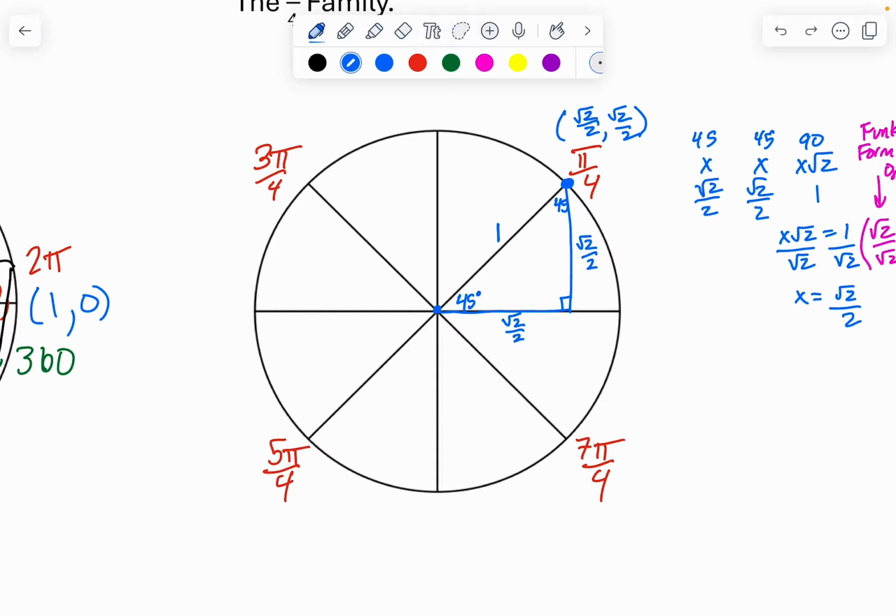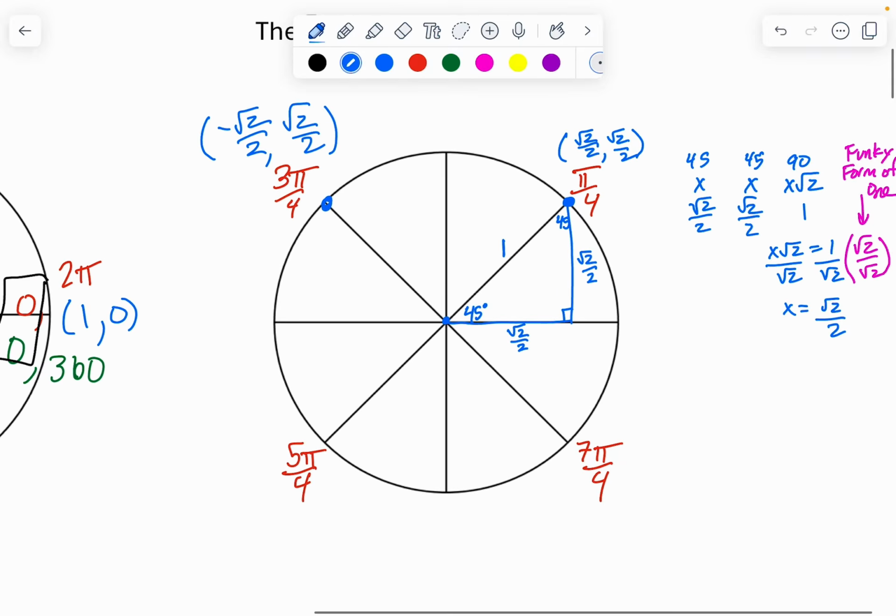This length right here is the same as this length right here. This point now has an x-coordinate of negative root 2 over 2, because we've gone in the negative direction, and a positive root 2 over 2 in the y direction.